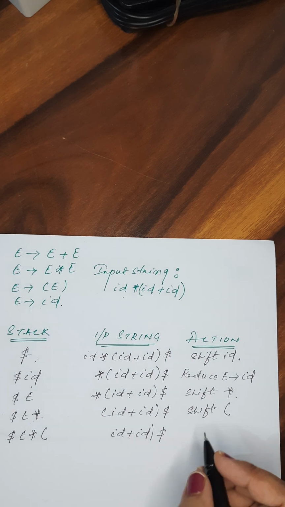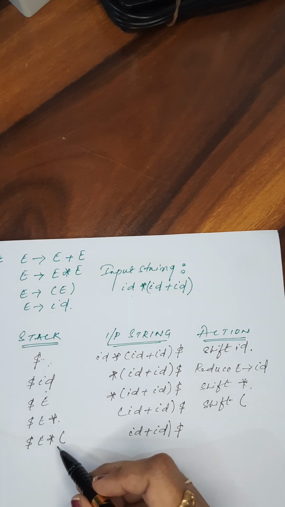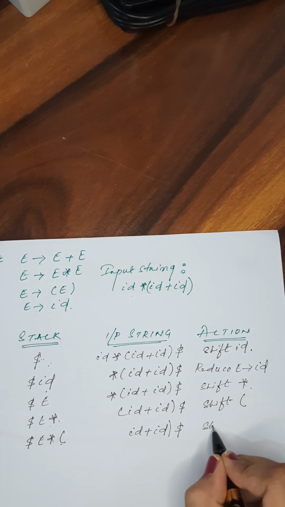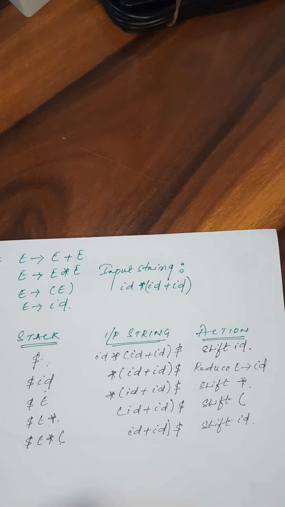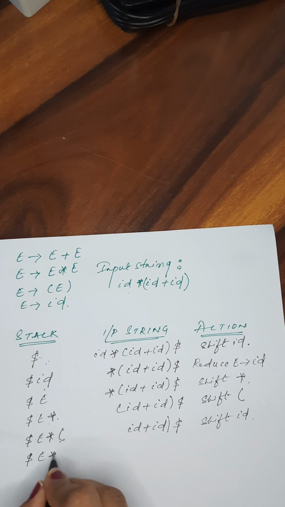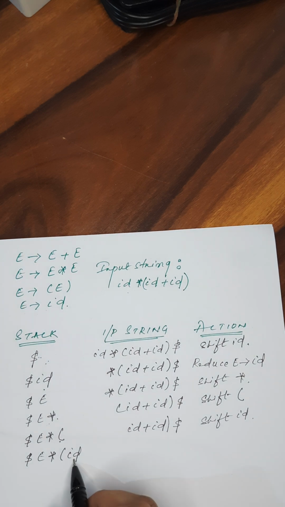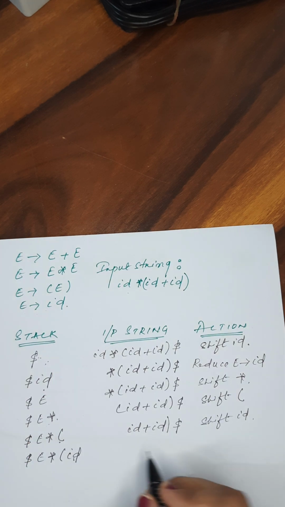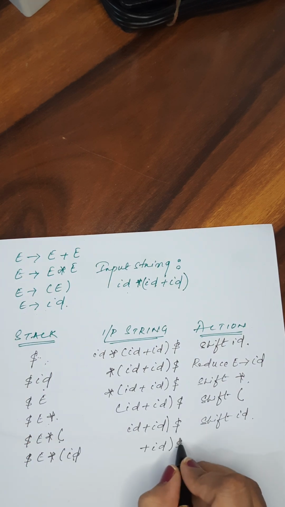Okay. Then what will it do? Again bracket is also not a handle. So, it will again shift your ID. Okay. It will shift your ID. So, what will I get over here? Dollar E star opening bracket and ID. Now, ID is again a handle. So, what will it do? What remains over here is plus ID bracket dollar.